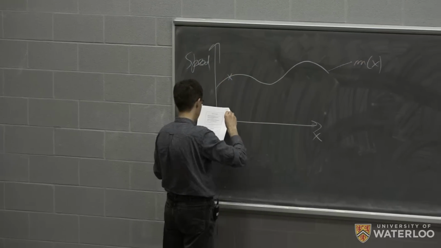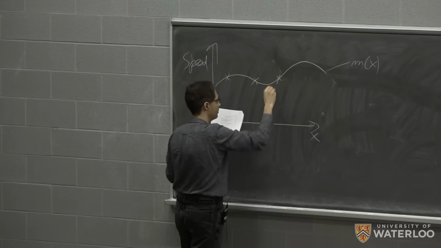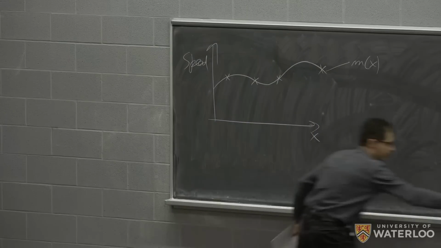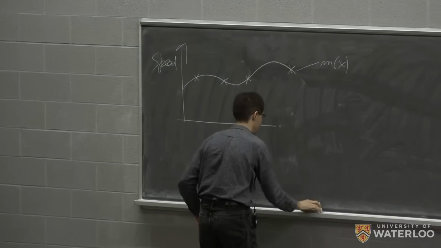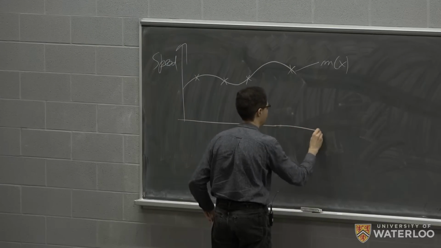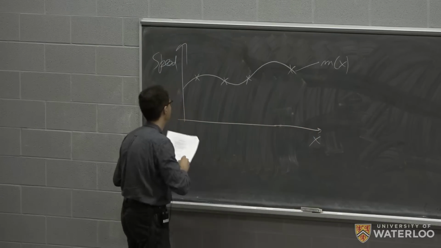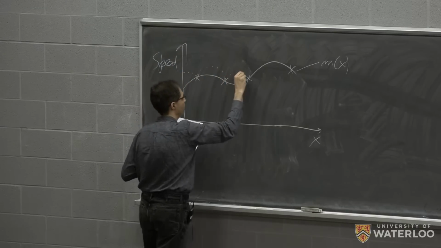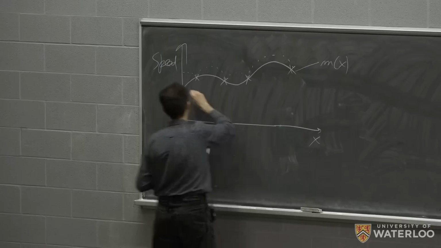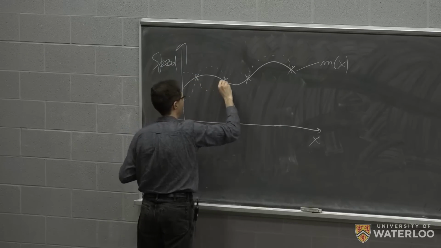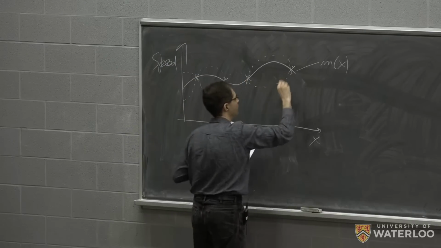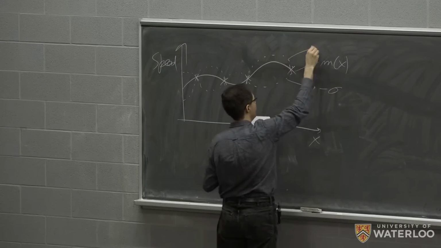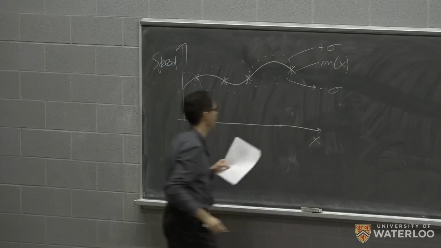And let's say that I've observed some data points that are here. Okay, and now this dotted line corresponds to minus 1 standard deviation, and this one plus 1 standard deviation.